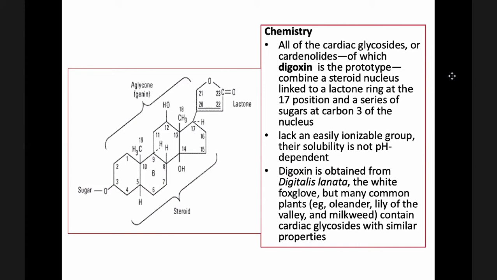Digoxin is obtained from Digitalis lanata, which is the white foxglove, but many common plants also contain cardiac glycosides with similar properties. These plants are your oleander, the lily of the valley, and milkweed.